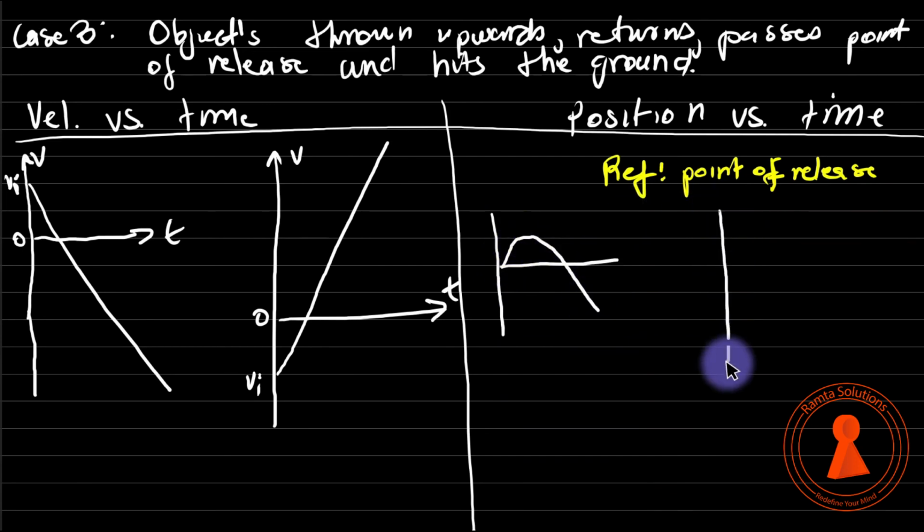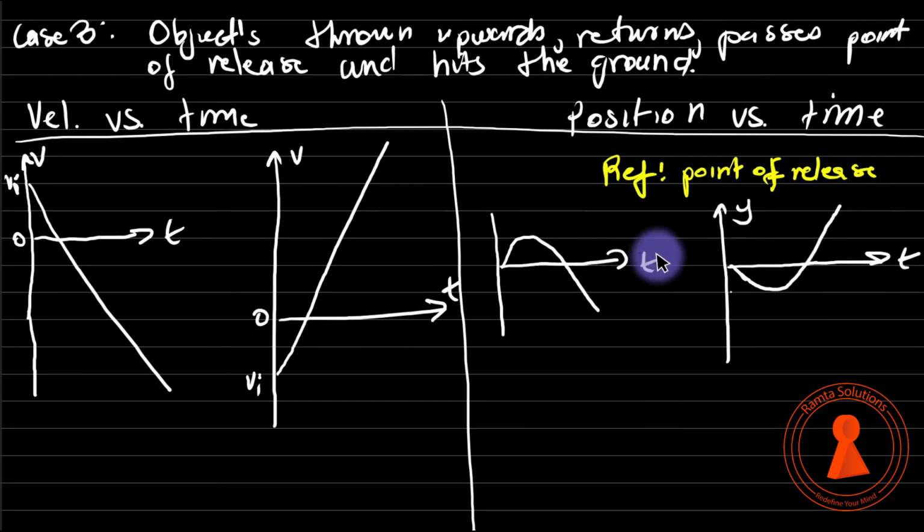And then this one here will look like this, okay? T, Y, T, Y, 0, 0.